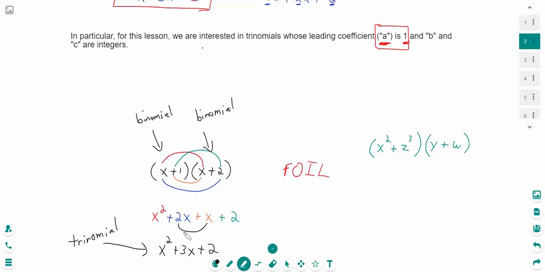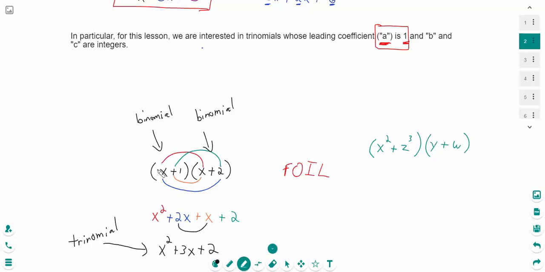Now again, the focus of today's class is to take this trinomial and try to get back to the product of two binomials. Get back to this position. So again, we're working the problem backwards. If I give you this trinomial, show me the two binomials that you could multiply by each other to give me this trinomial.